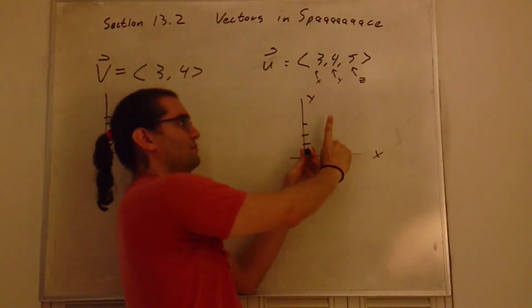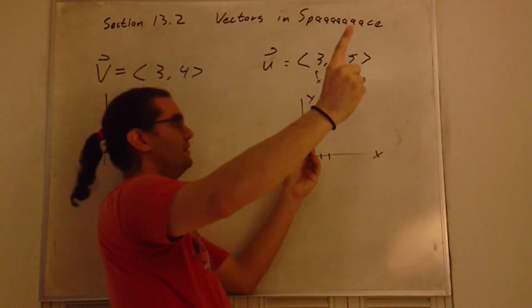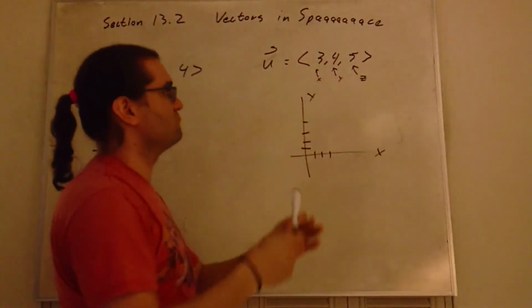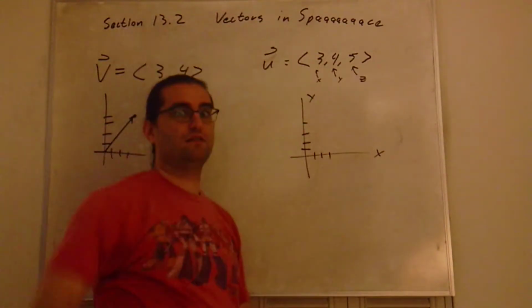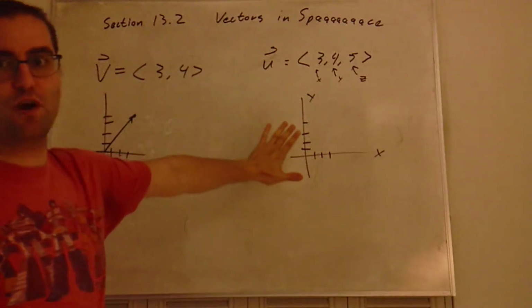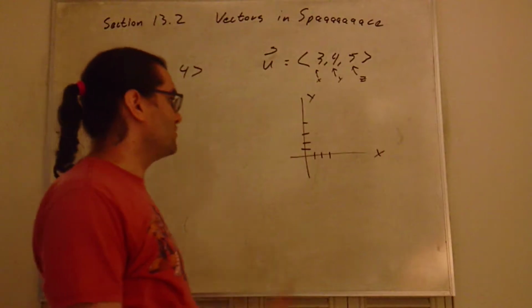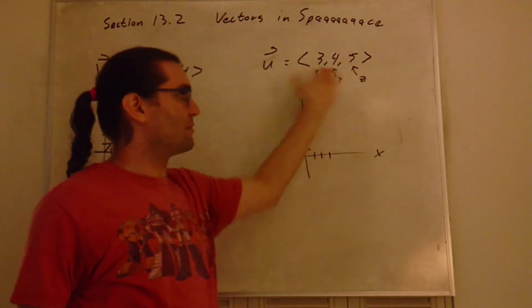If you did ⟨3, 4, 2⟩, it would be closer. If you did ⟨3, 4, 10⟩, it would be further out. If you did ⟨3, 4, -6⟩, that would be behind the whiteboard, 6 units back past the whiteboard. So we add a third dimension, you add a third number in your vector list.